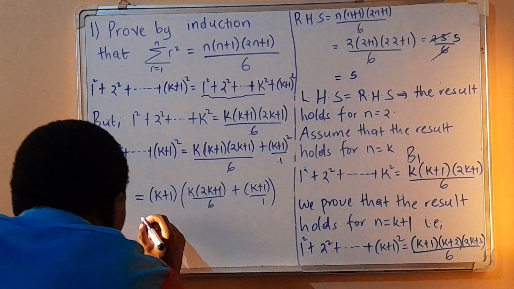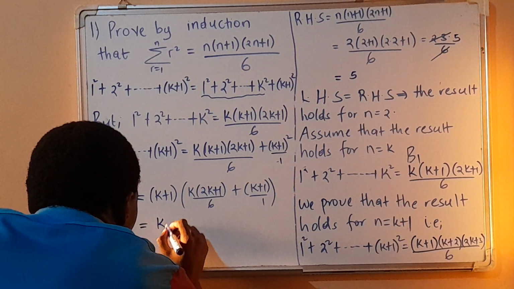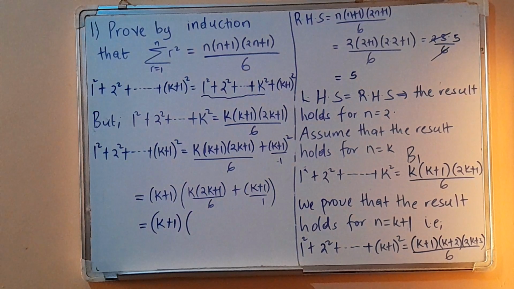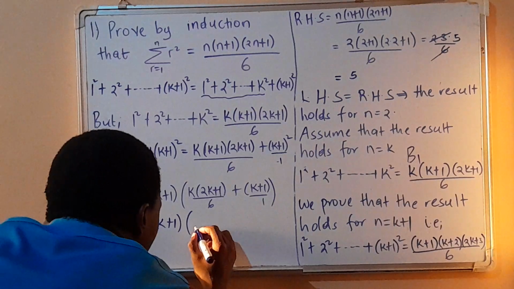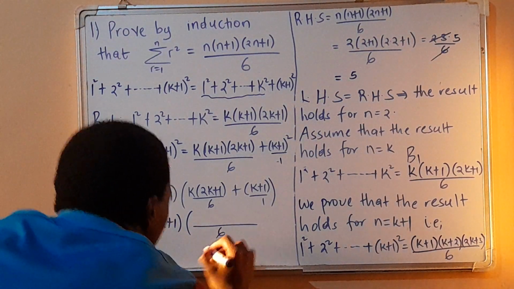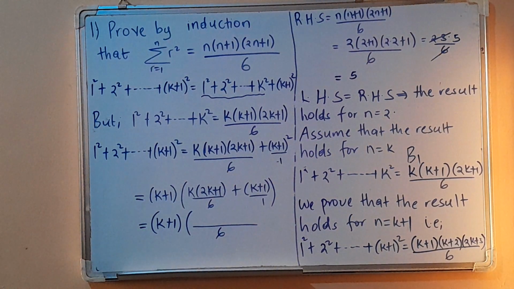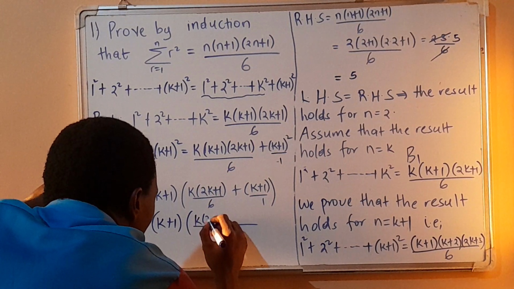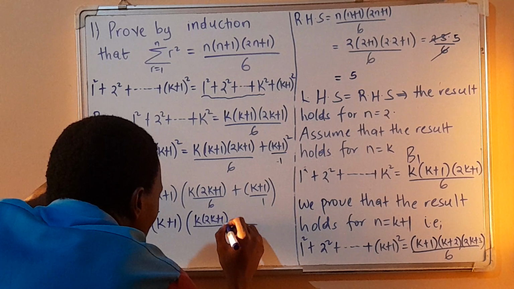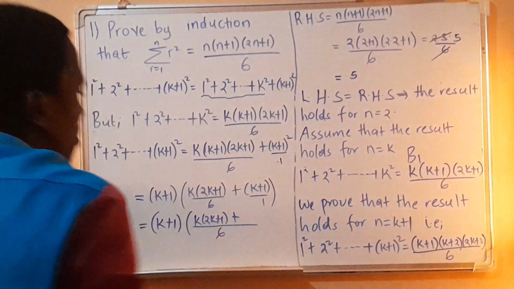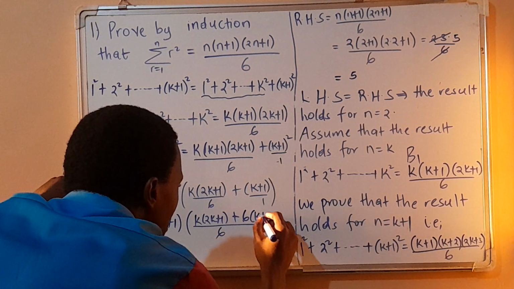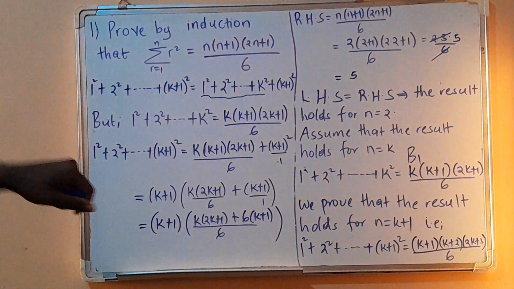So this is equal to k plus 1, then the LCM of what is inside is 6. So 6 divided by 6 is 1, times that, we shall have k, 2k plus 1, then plus 6 by 1, we get 6 times that, 6 times k plus 1.